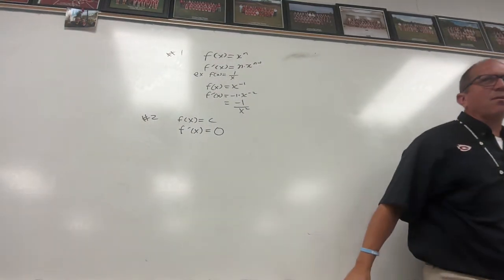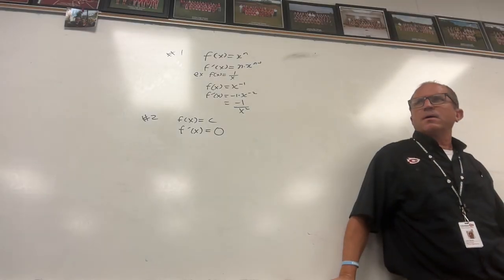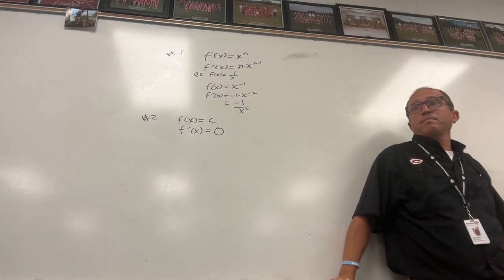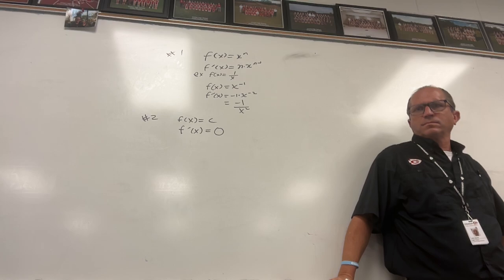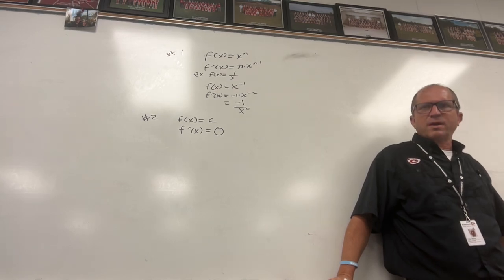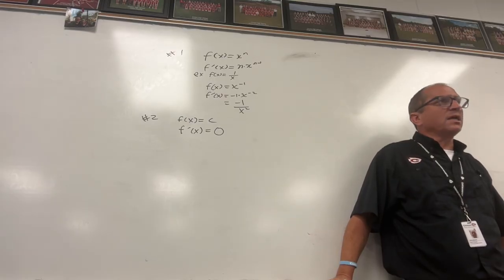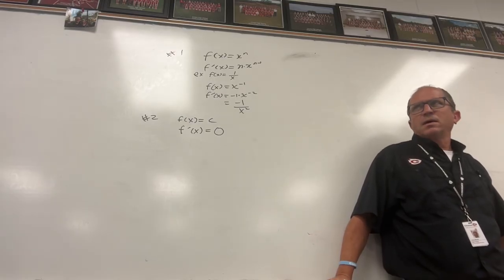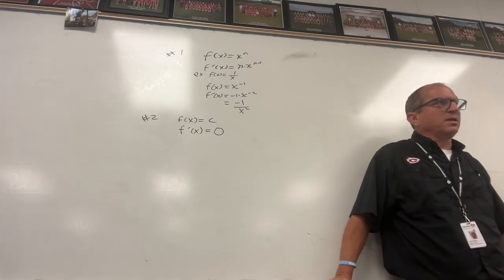Now, why do you think that would be, graphically speaking? Because there's no slope. It's just one line that stays the same the whole time. You've got a horizontal line, right? Anytime f of x is equal to a constant, you're talking about a horizontal line. And the slope of a horizontal line is 0.